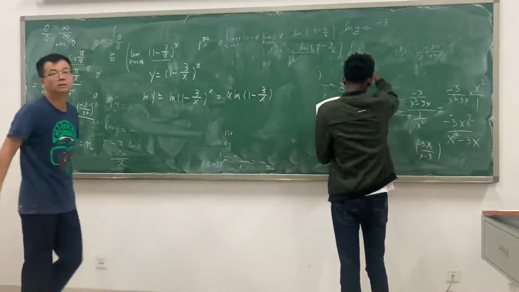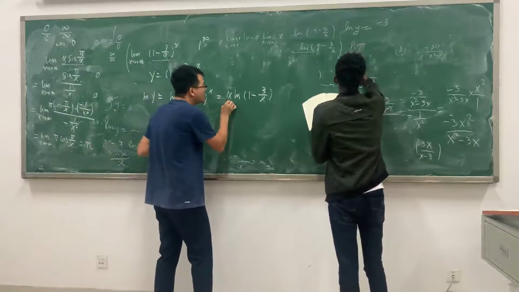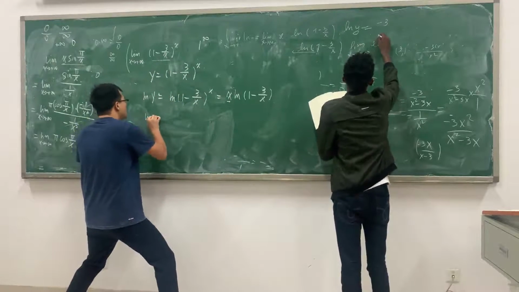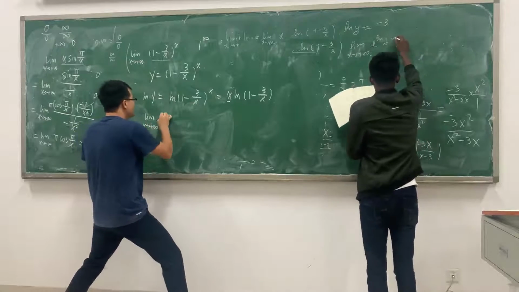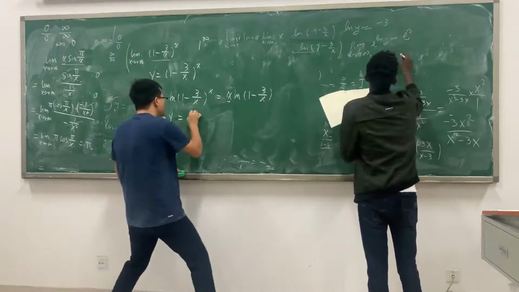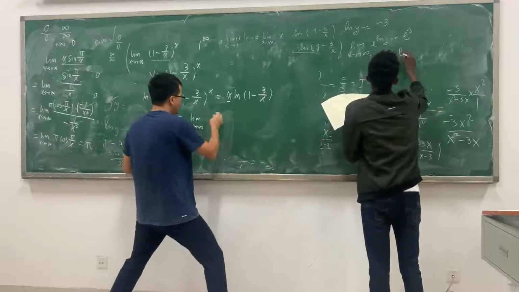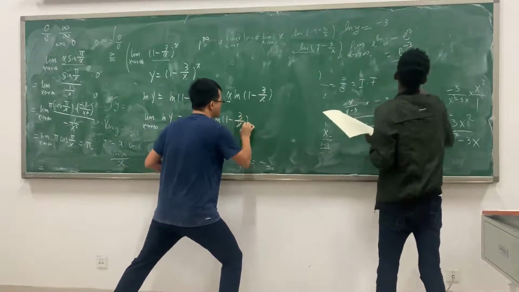So the limit as x approaches plus infinity of ln y equals the limit as x approaches plus infinity of x times ln of 1 minus 3 by x.